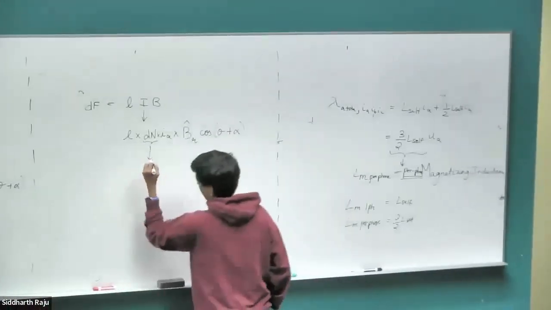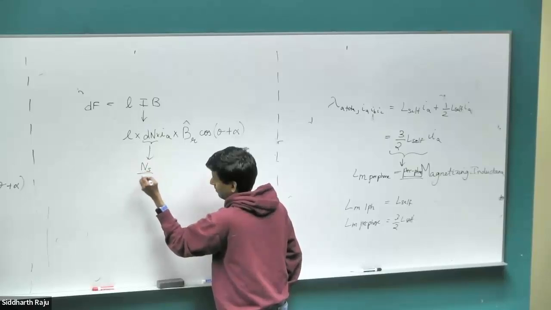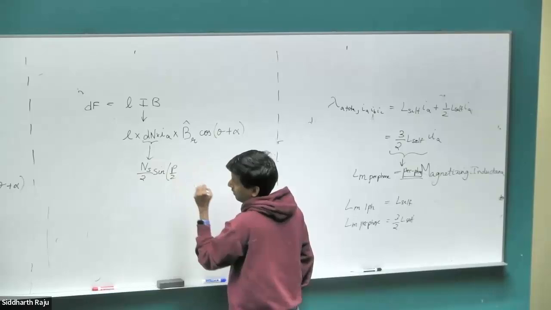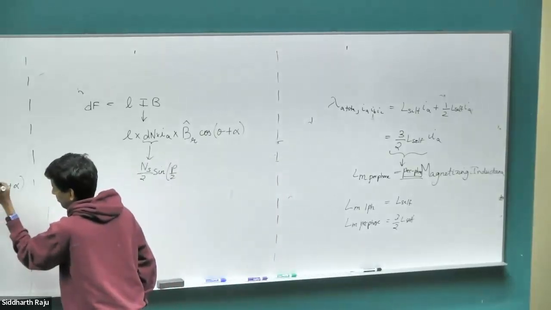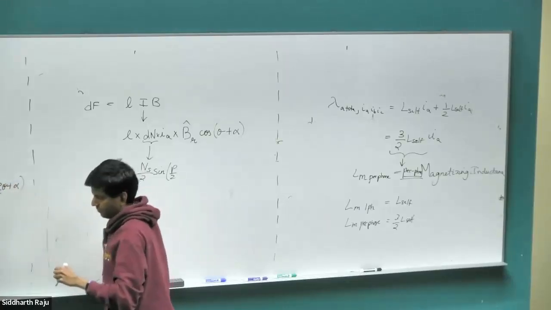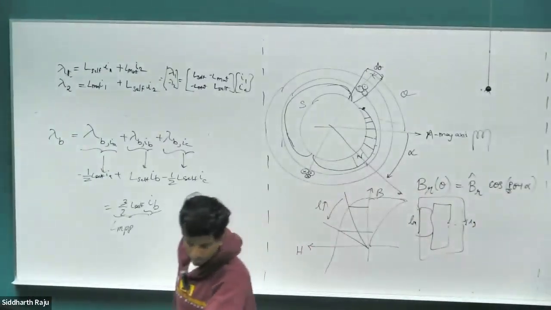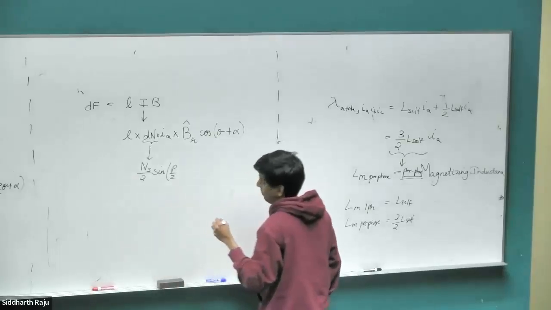So the conductor density for the tiny portion that I've chosen is going to be Ns divided by 2 times sine of p by 2 times theta. Oh, I said I'll do it for a generic p-pole case. So this term changes from theta to p by 2 theta, even though on the board I have drawn just a 2-pole motor, because I would be terribly bad at drawing a 4-pole case, but we are going to do it for a general p-pole case.